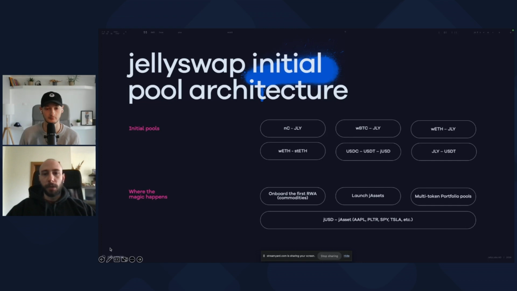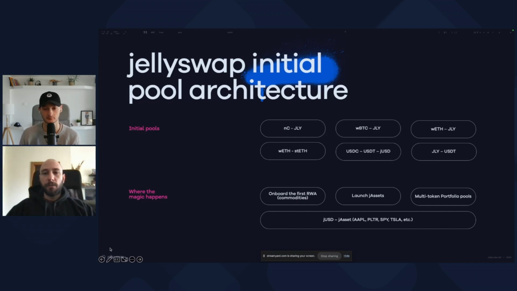We have here the first core pool, which will be bootstrapped with the burn contract, the one marked here, NC Jelly. NC standing for native currency, since we still don't have a decision on the chain. Therefore, we don't really know what the native currency will be, but definitely the main pool will be that one.